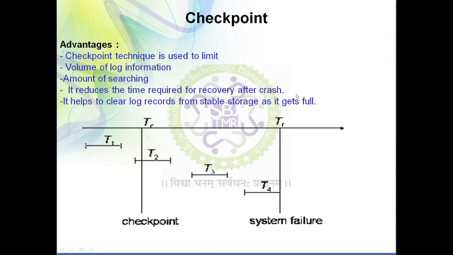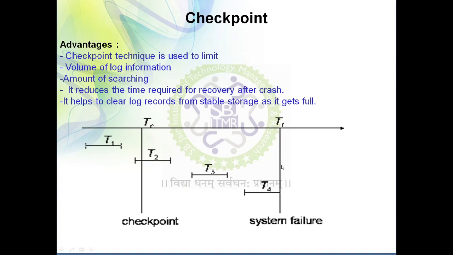In this case transactions T2 and T3 require redo. Why? Because after successfully performing these transactions there is a failure in the system. So T2 and T3 need to be redone, and transaction T4 needs to undergo undo. Why?